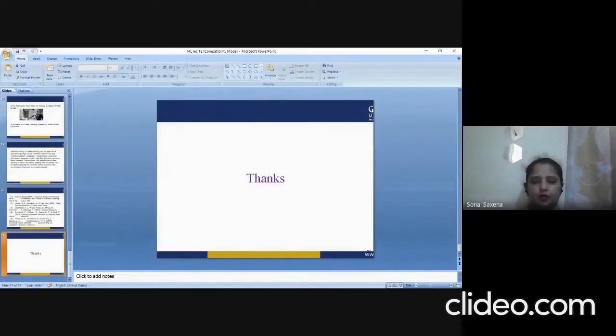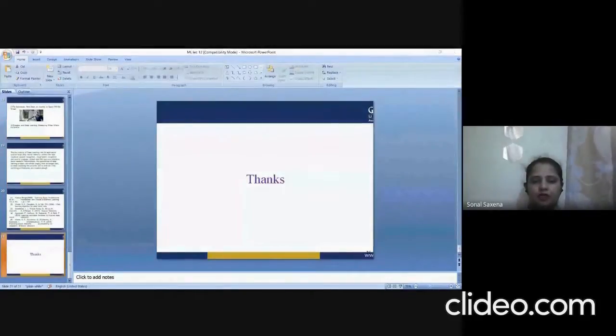Now I'm going to quickly share with all of you the MCQ part here, so that you can judge yourself that whatever you have learned, you have learned it thoroughly. So let me quickly share with you the MCQs.